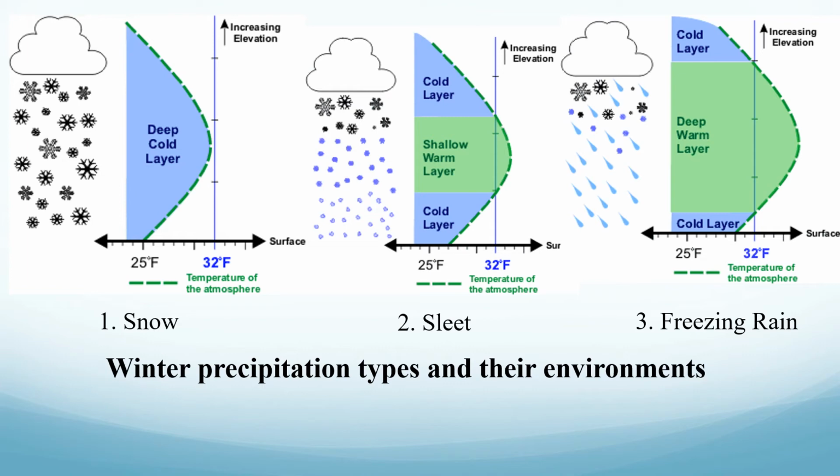As snow falls into the layer of air where the temperature is above freezing point, the snowflakes partially melt. As the precipitation re-enters the air that is below freezing point, it refreezes into ice pellets that bounce off the ground. Commonly, we call this kind of precipitation sleet.